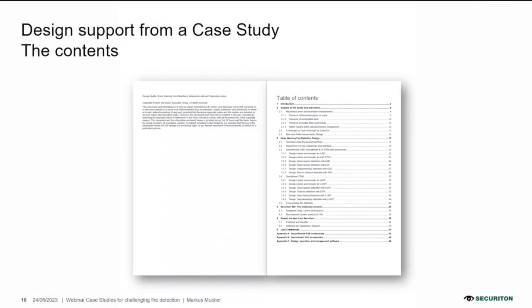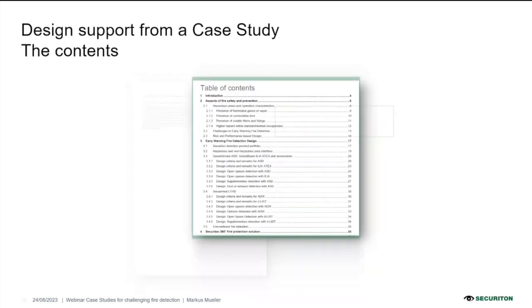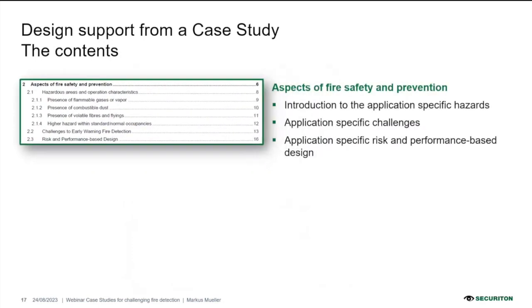Let's have a closer look at the table of contents, and in particular at the aspects of fire safety and prevention first. The aspects of fire safety and prevention, again, are targeted to this particular application.